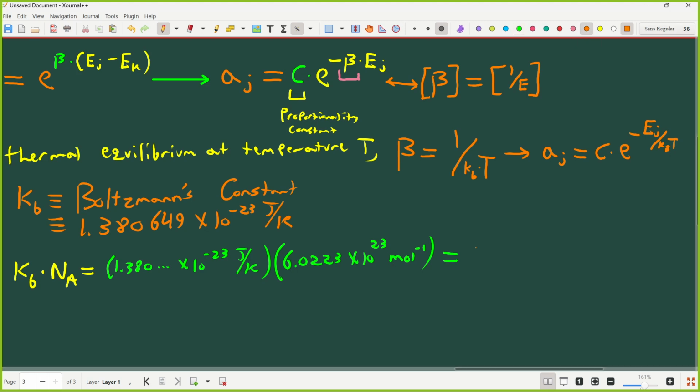You get a very familiar number, 8.3145 joules per mole per Kelvin. What is this number? R, the gas constant.